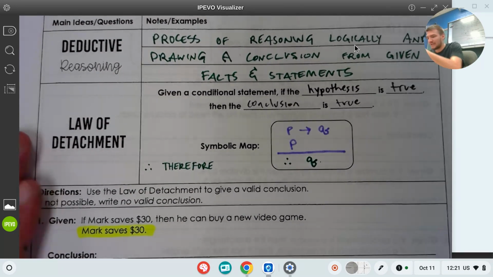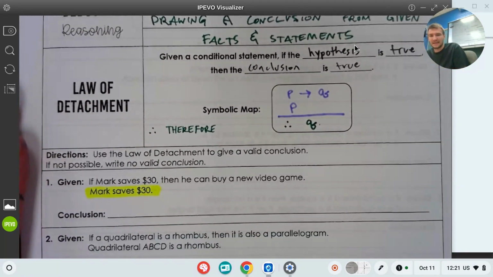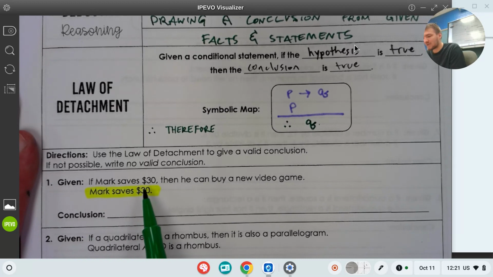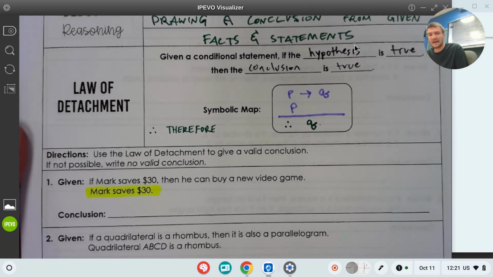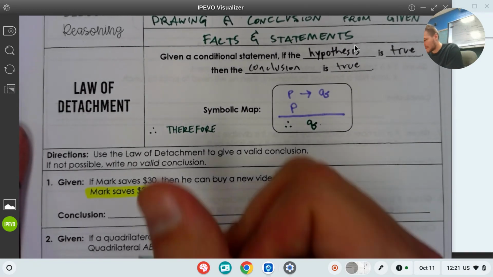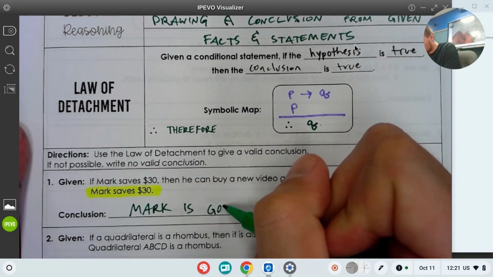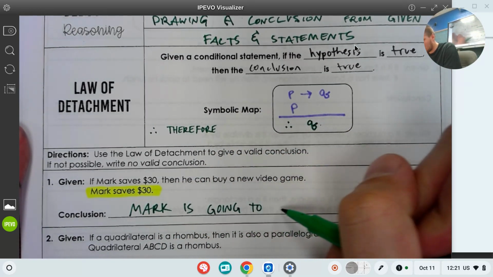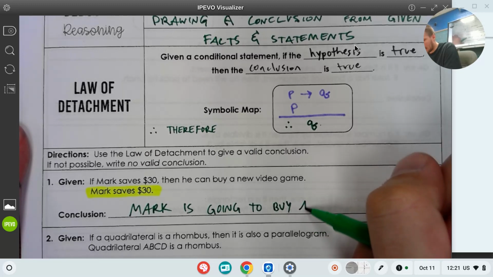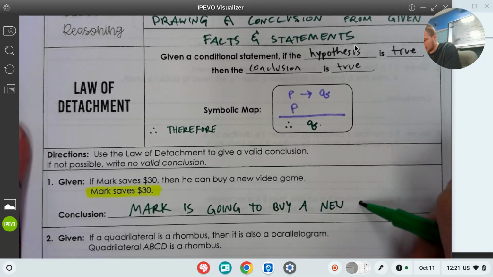So, number 1, it says if Mark saves $30, then he's going to buy a new game. Mark saved $30. What can we conclude is about to happen? Here we go. Mark is going to buy a new game.